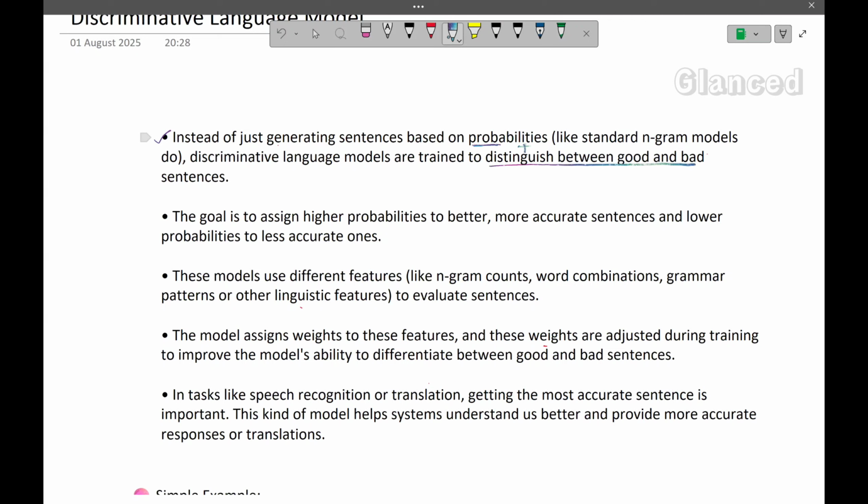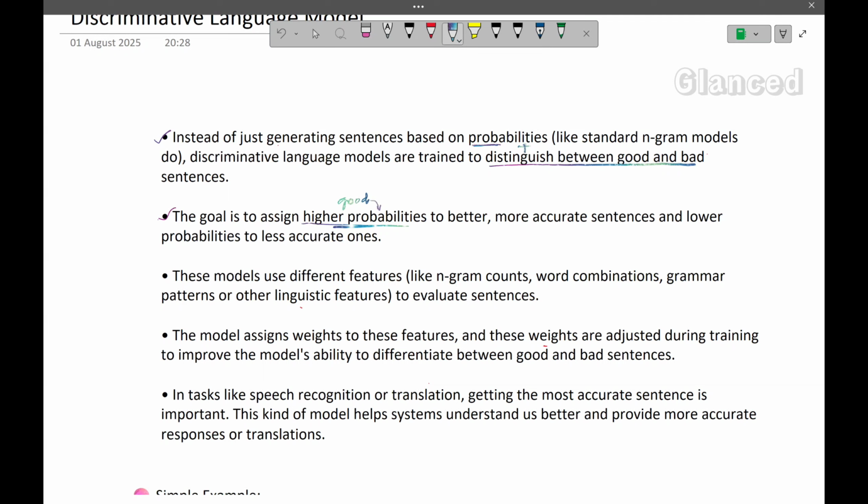How is it going to distinguish between these good and bad sentences based on the probabilities? What it will do is assign higher probabilities to the good sentence. A good sentence is one which has good grammar and follows grammatical rules and so on, and it is given higher probability.